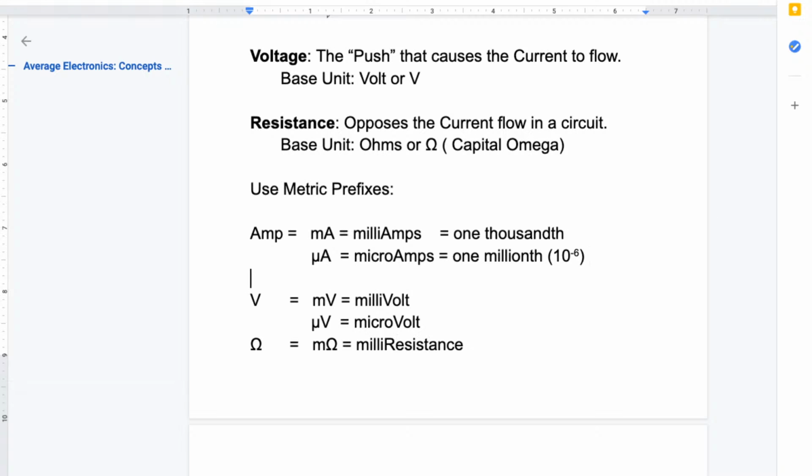And then we've got our kilowatts, which is like that, which is 10 to the third.